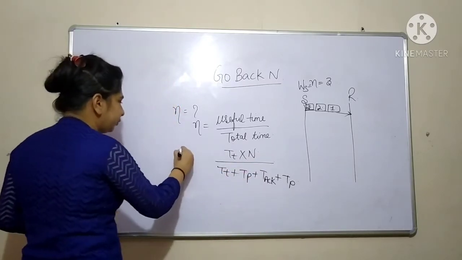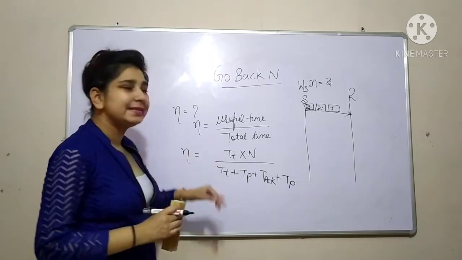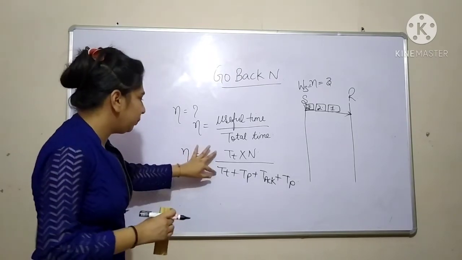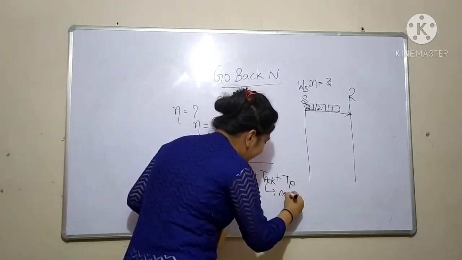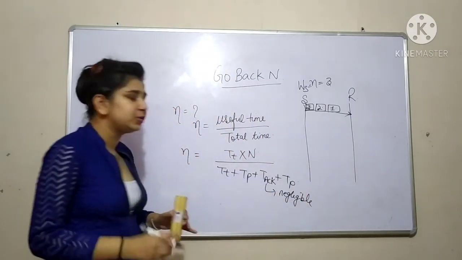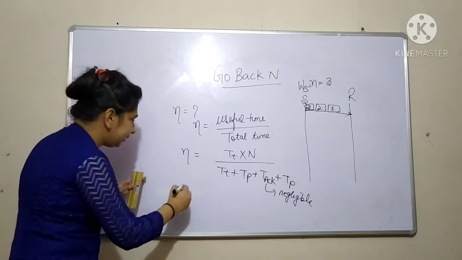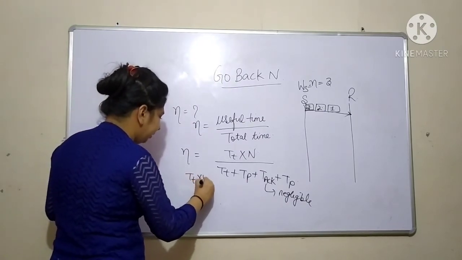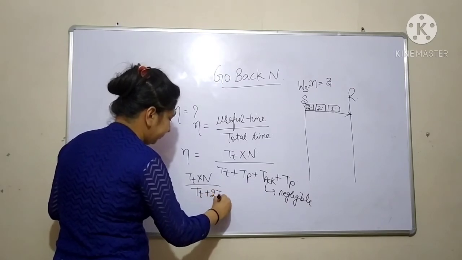And if you have to summarize this formula, how will you do it? I am considering the acknowledgement time to be negligible. So TT into n divided by TT plus 2 TP.